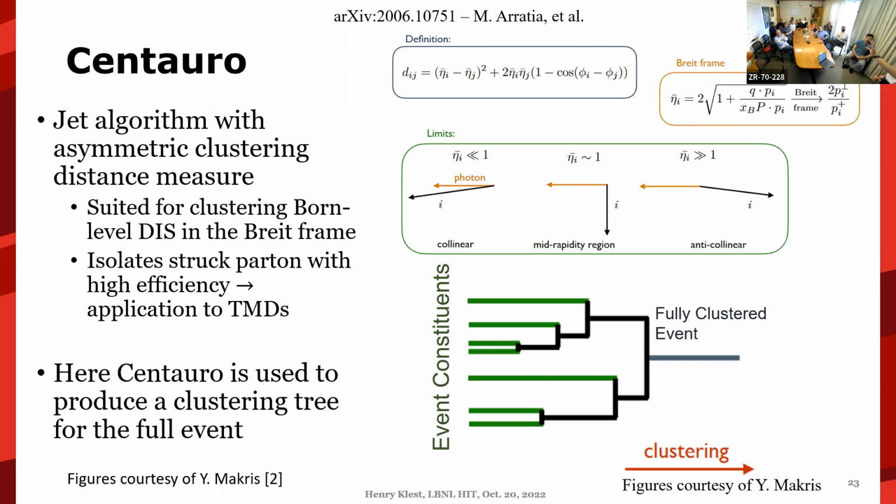It isolates that struck parton with very high efficiency by making the distance measure very small when you're collinear to the exchange boson, and having the distance measure blow up as you go in the proton beam remnant direction. What we do here is we use Centauro to produce a jet clustering tree of the full event, where these are clustered last and these ones are clustered first.